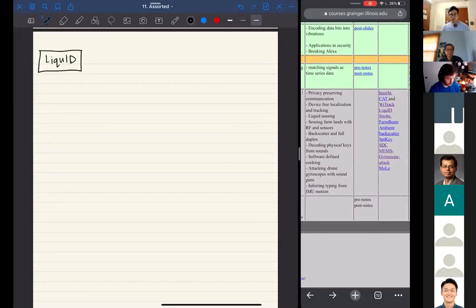There's a project called Liquid or Liquid ID. And the goal of the project was, I have a transmitter antenna, which will send out wireless signals. I have a receiver antenna, which will receive wireless signals.